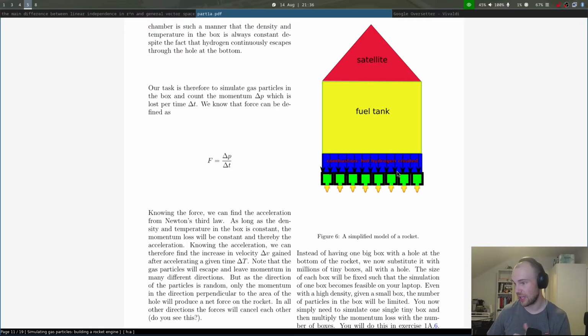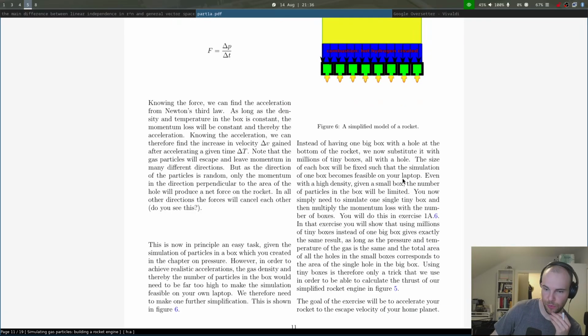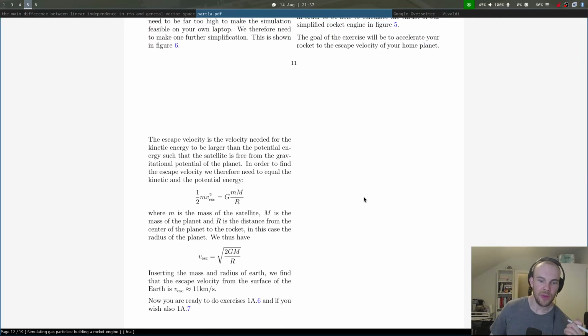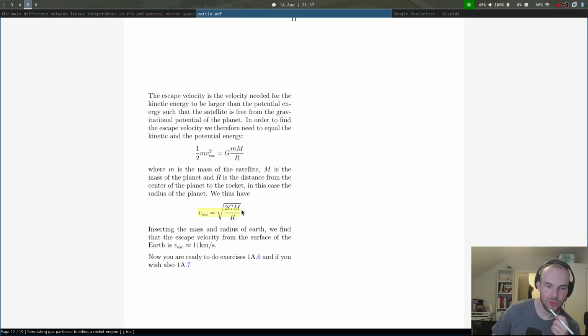You just have to multiply by the number of boxes later. And in the end, of course, you have to beat gravity, the gravitational pull of the planet, which means that you have to reach escape velocity.